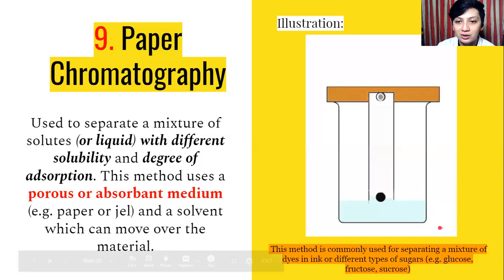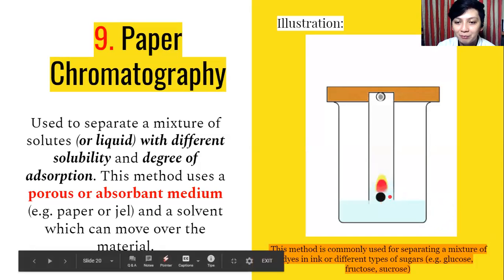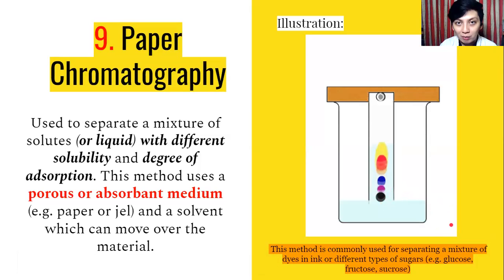This is what it looks like. I want you to observe that is what you call adsorption. It is not totally absorbed. When we say absorb, it will go inside, but when we are talking about adsorption, it is just on the surface.